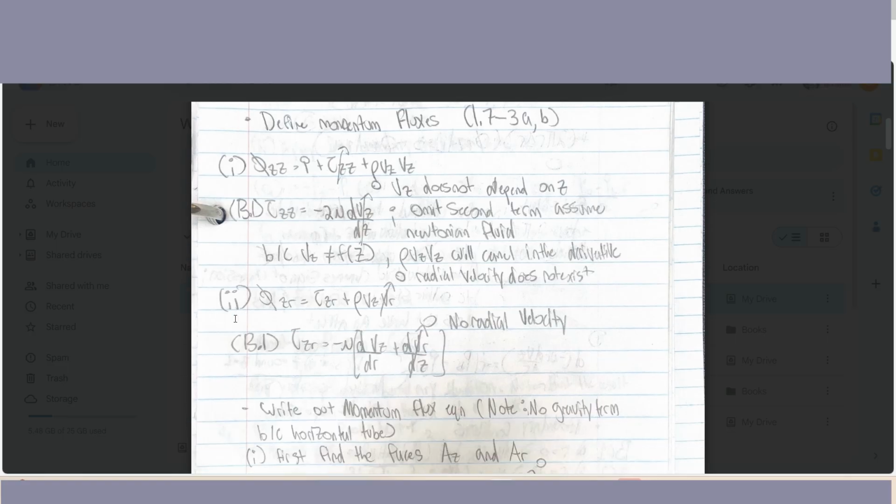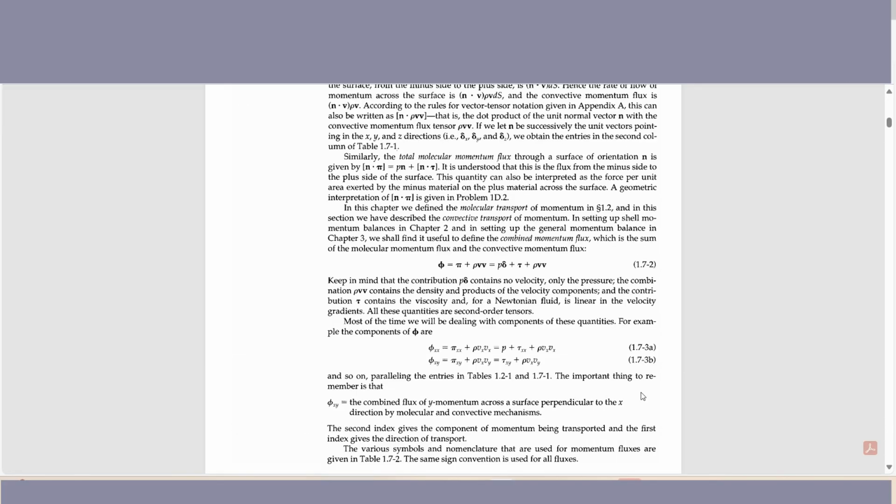So momentum flux in the ZR direction. By the way, the reason this momentum flux has a pressure and this one doesn't is because of these equations. When the symbols are the same in the momentum flux, like XX, ZZ, YY, there's going to be a pressure, and if they're different, there's not going to be a pressure. That's because of this sigma symbol in the parent equation.